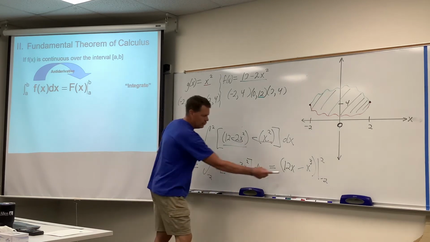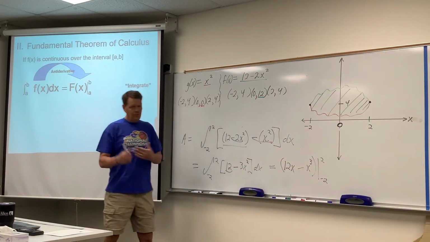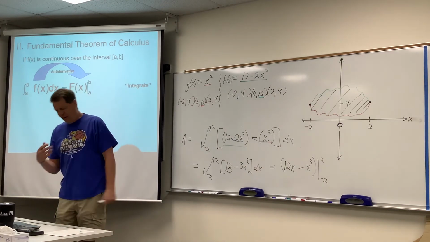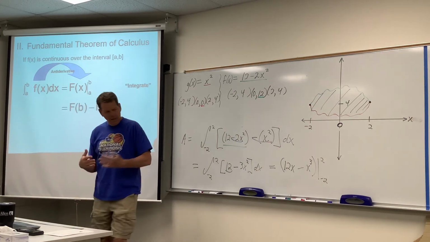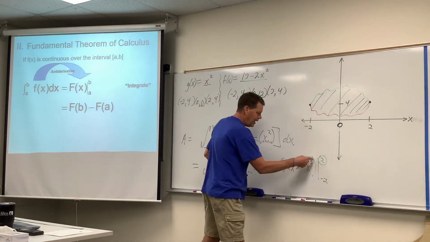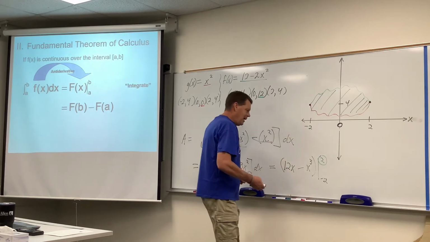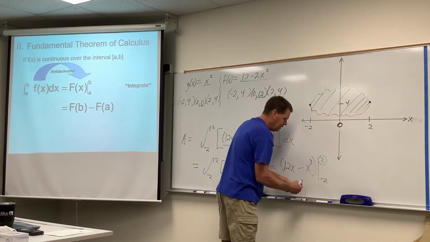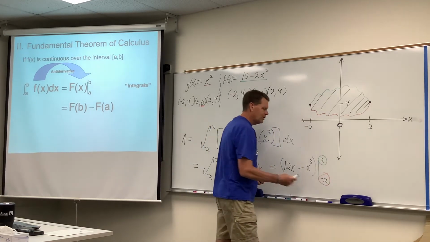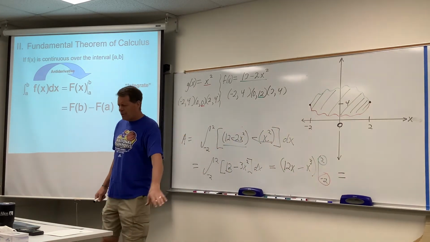Let's check this. The derivative of that is 12. The derivative of that is 3x squared. Remember, you can always work it backwards to check. And then evaluate. Stick the numbers in. Stick the 2 in there for x. Crunch, crunch, crunch. All right? And then stick the -2 in there. And crunch, crunch, crunch.